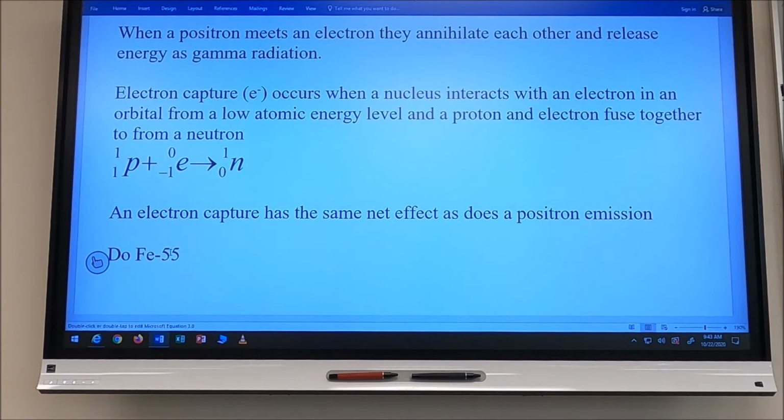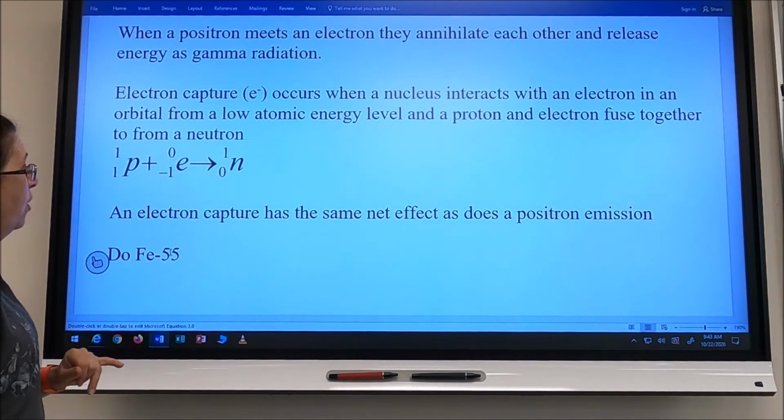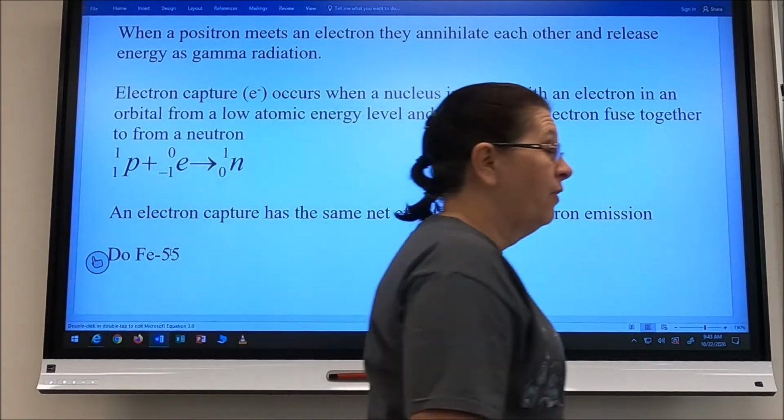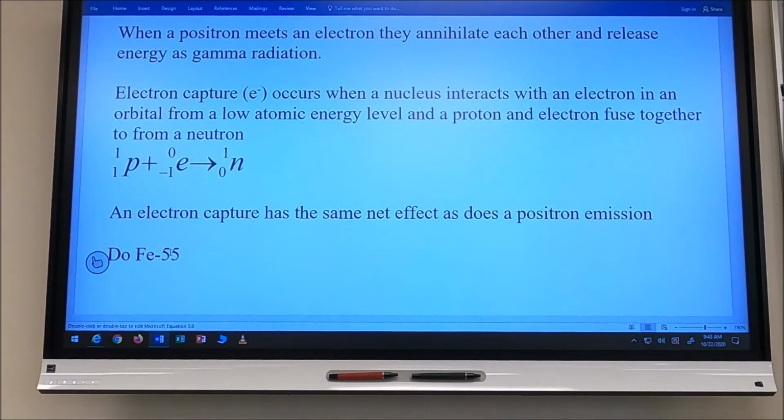So in electron capture, what's happening is a proton is combining with an electron to give us a neutron. Iron-55 spontaneously undergoes electron capture.